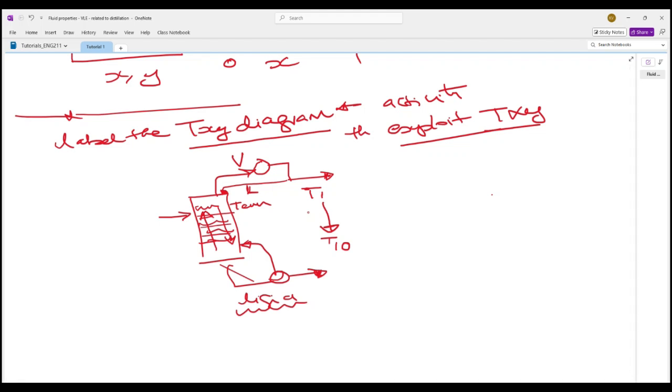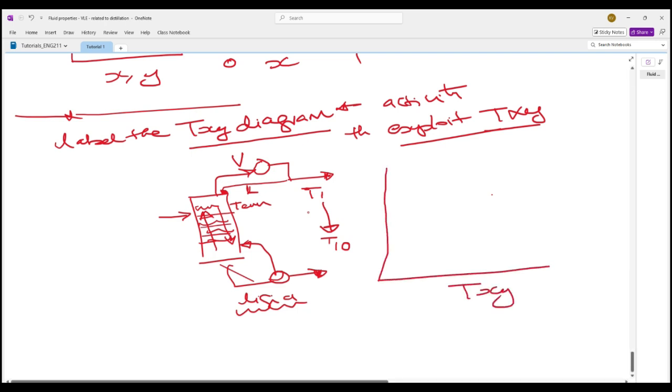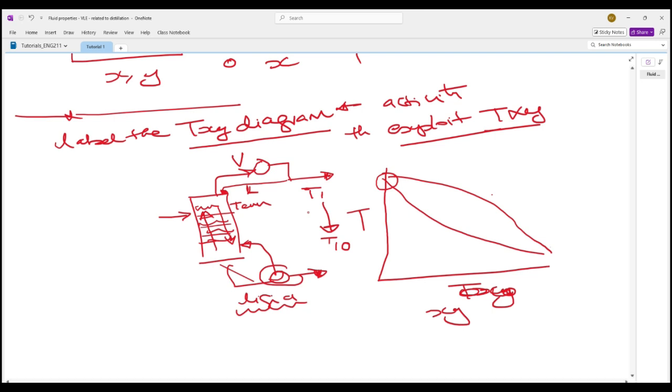And to understand the whole distillation column itself, you need this txy diagram, with x, y and T. If you plot something like this, the temperature at the bottom is dictated by something around here, and the temperature at the top of your column is dictated by something around here. So this is what you are going to learn.